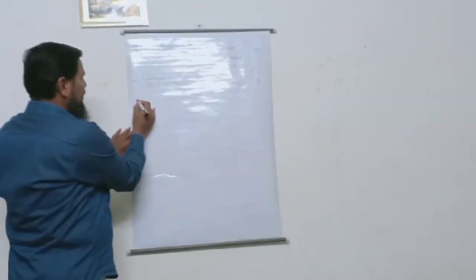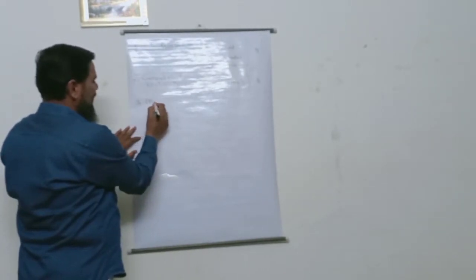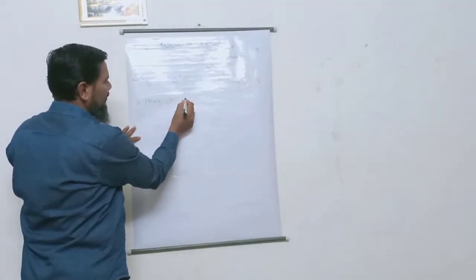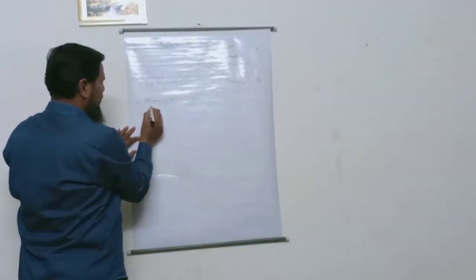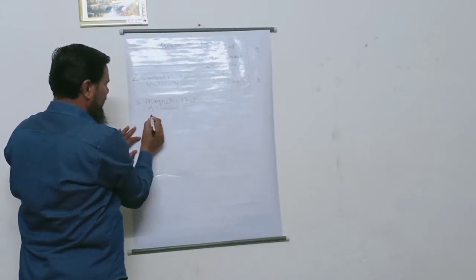Then unit number 3 is the magnetic effect of current and magnetism.